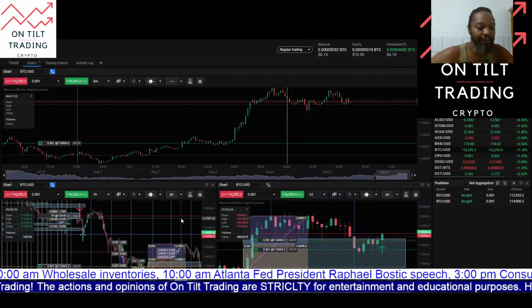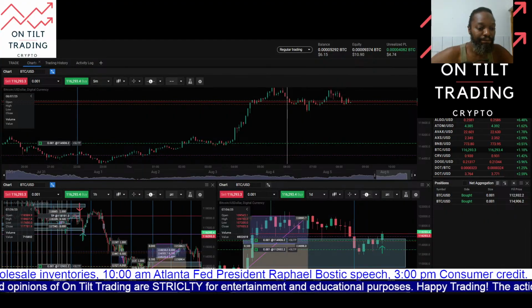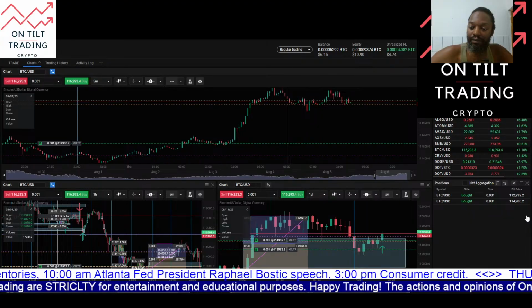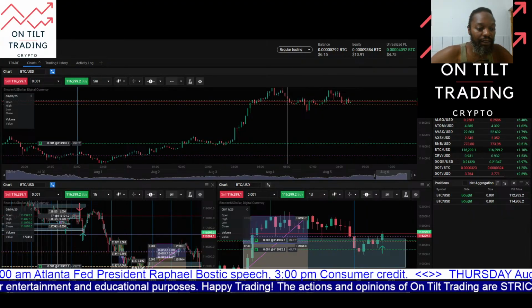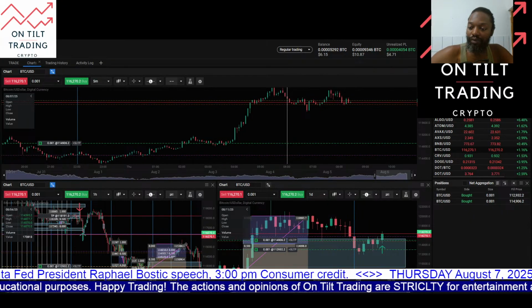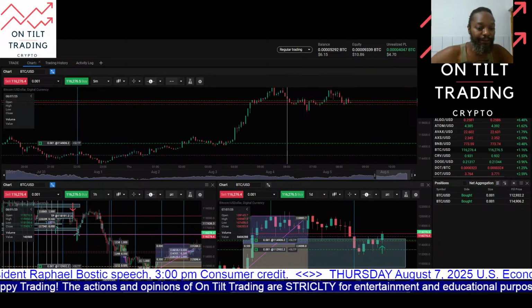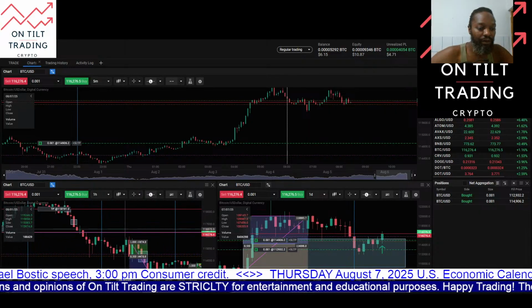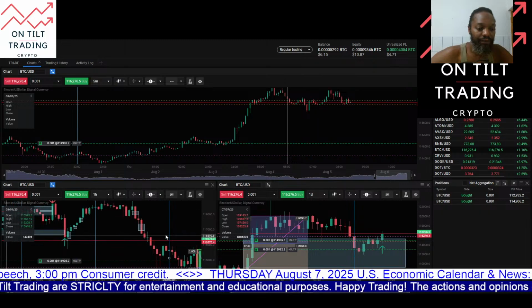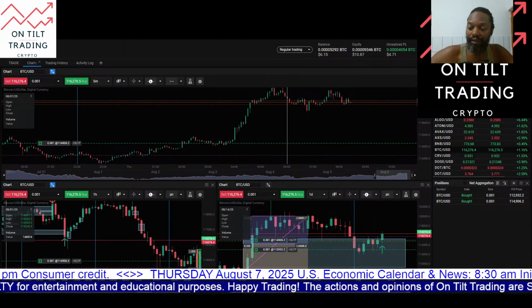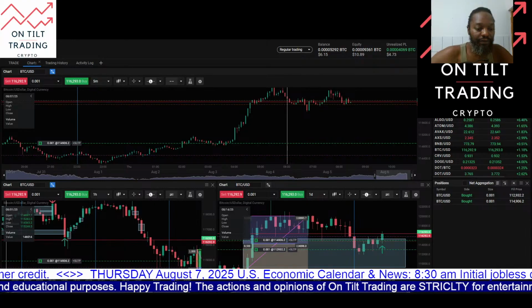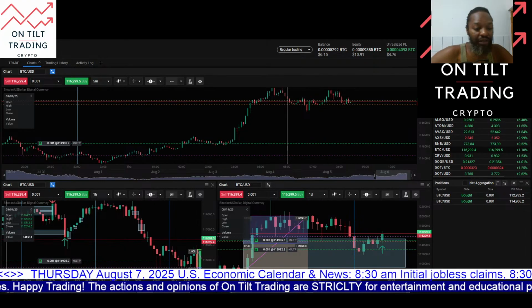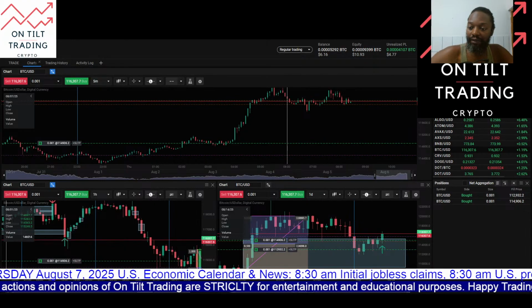Slide this over. My target is this fair value gap where you see that blue square. I'll zoom in a bit here. So profit target is here, at the rebalance of that fair value gap.